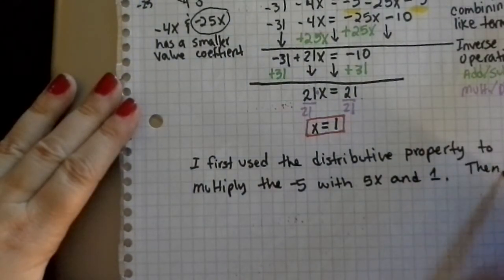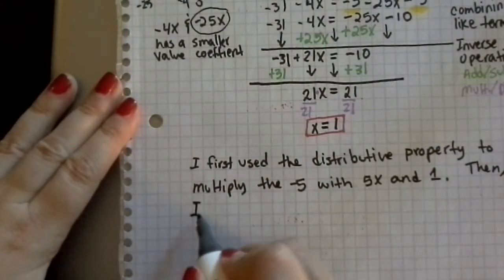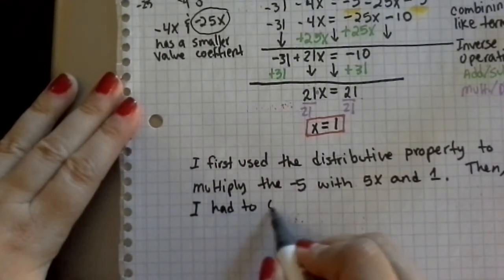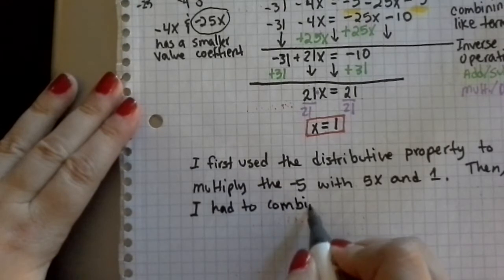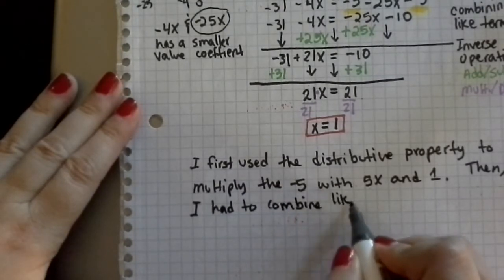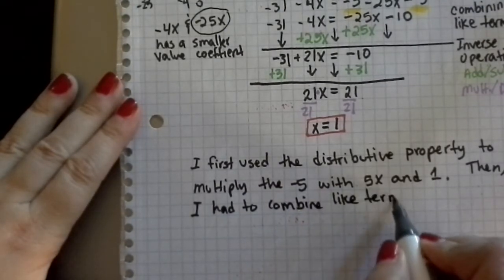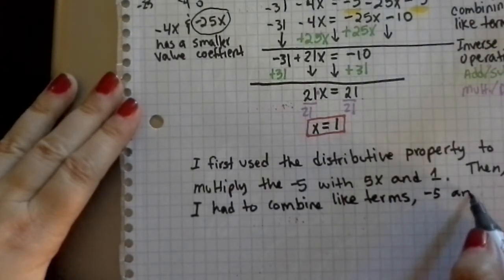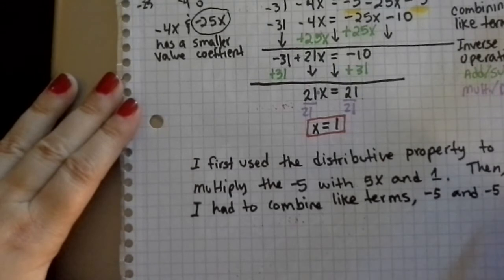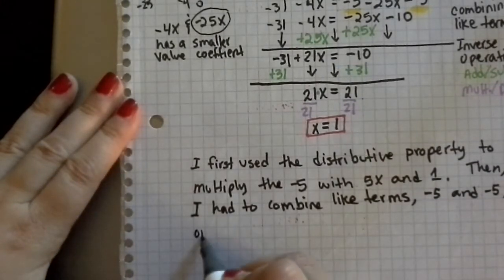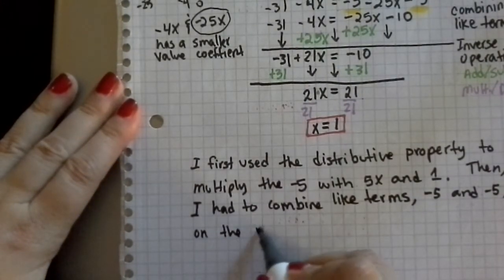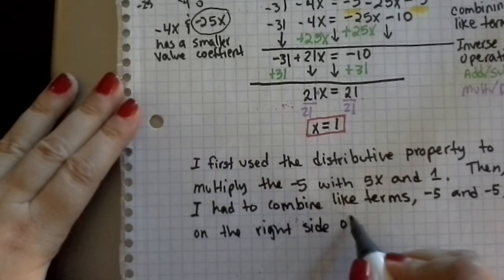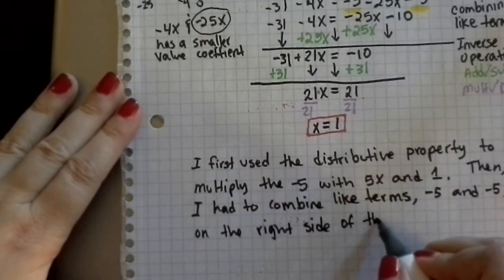Then I had to combine like terms, namely negative 5 and negative 5 on the right side of the equal sign or of the equation.